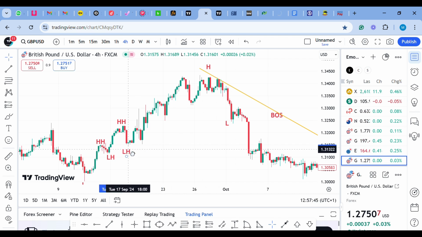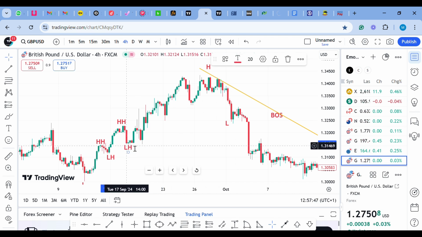It's the same thing. You can see lower high, then it only broke this weakly, then weakly downward to form an equal low here, and before pushing up to give us what.